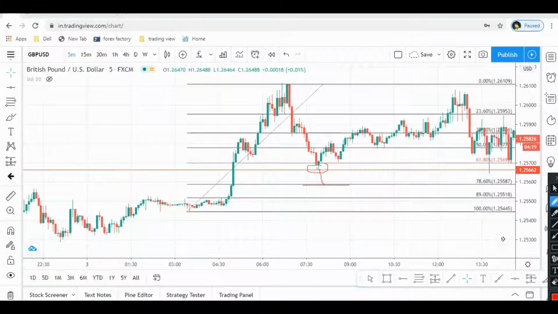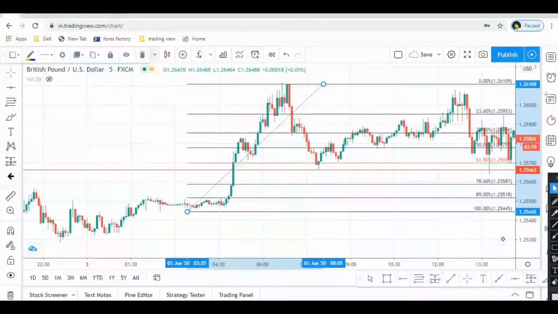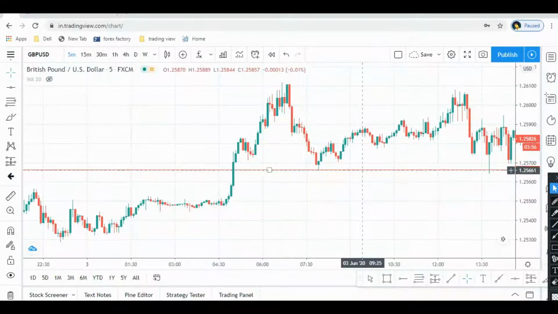If the price breaks out of this area, then I would suggest you to please close this trade. Close your trade in loss. And you know, if you close one trade in loss, you are going to achieve around 7 to 8 profitable trades. I assure you this thing. This is how exactly Fibonacci works.